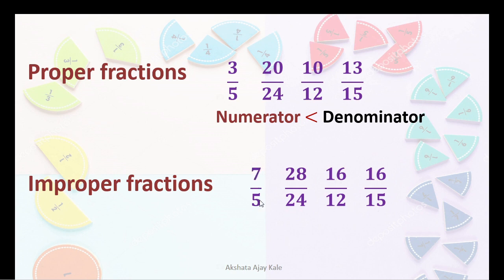See, here 7 is larger than 5, 28 is larger than 24, right? 16 is larger than 12, and here also 16 is larger than 15. Here we can write, numerators are bigger than denominators. Then it is called improper fractions. Okay, very easy. Proper means numerator is small and improper means numerator is larger than the denominator. Okay.